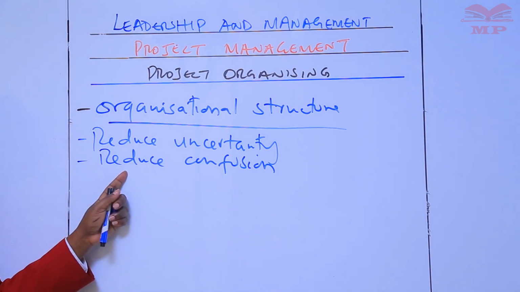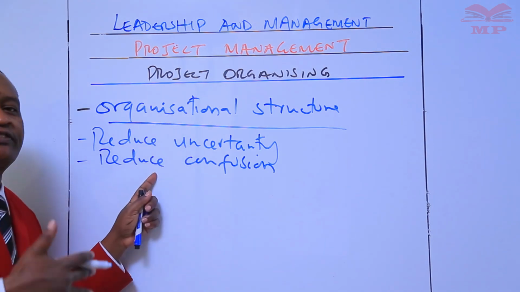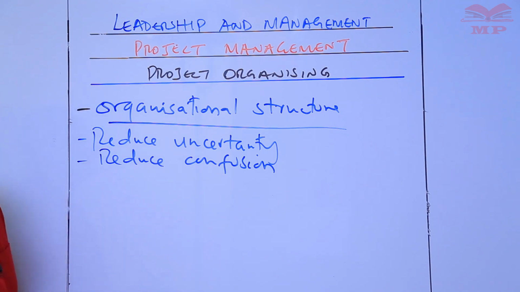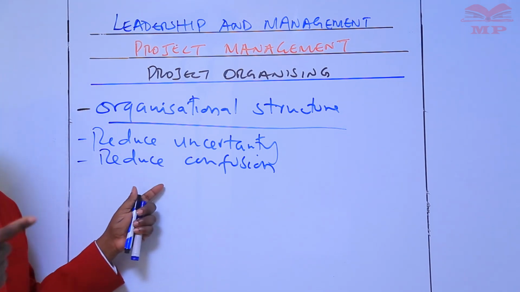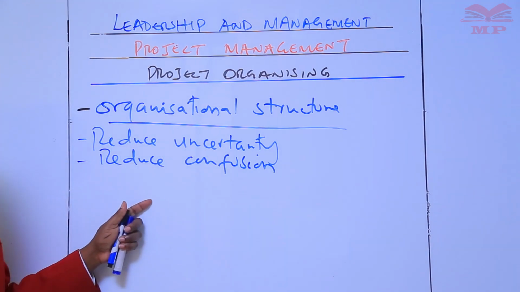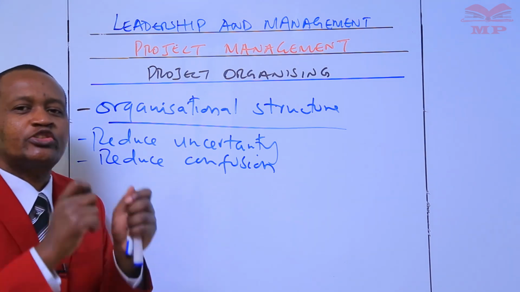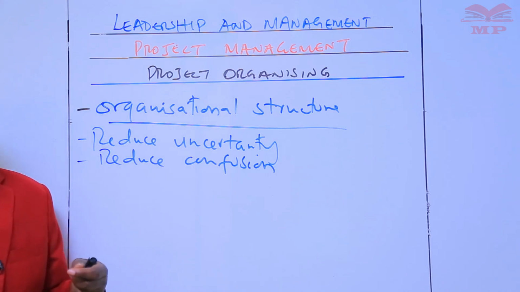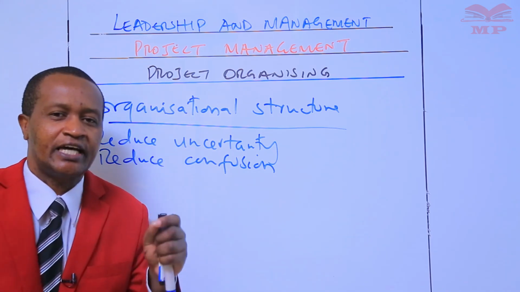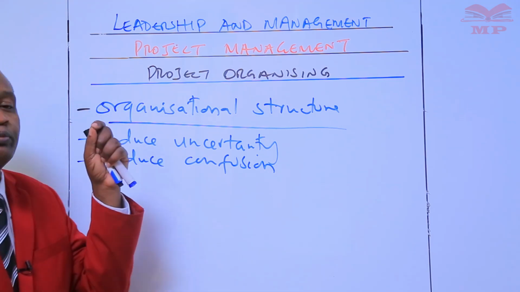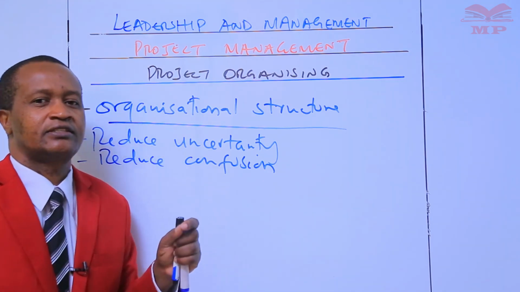So, candidates, an organizational structure defines the relationships among members of project management and the relationships with the external environment. It defines the authorities by means of a graphical illustration called an organizational chart. And a properly designed project organizational chart is essential to project success.